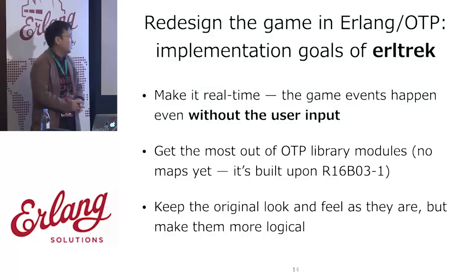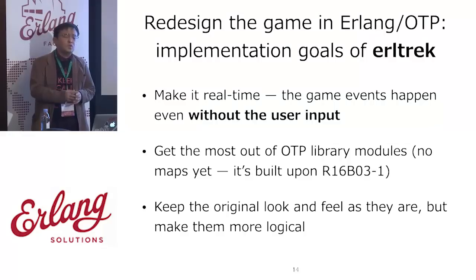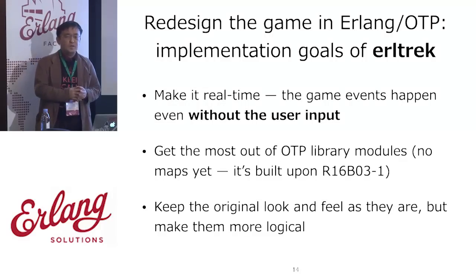And I'd like to get the most out of OTP library modules. Whether it's easy or hard to understand, OTP has lots of good things. And I am a conservative person, so I didn't try the maps of R17. But dicts are basically like maps, or better to say maps are something like dict.